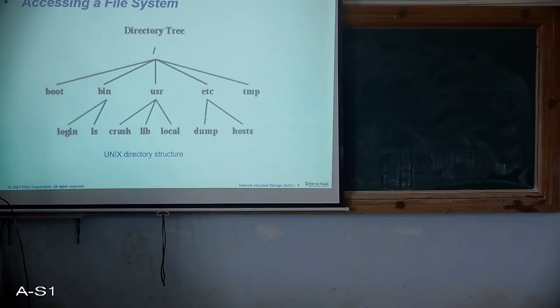When mounting a file system, the operating system organizes files and directories in a tree-like structure and grants privileges to the user to access this structure. The tree is rooted at the mount point.